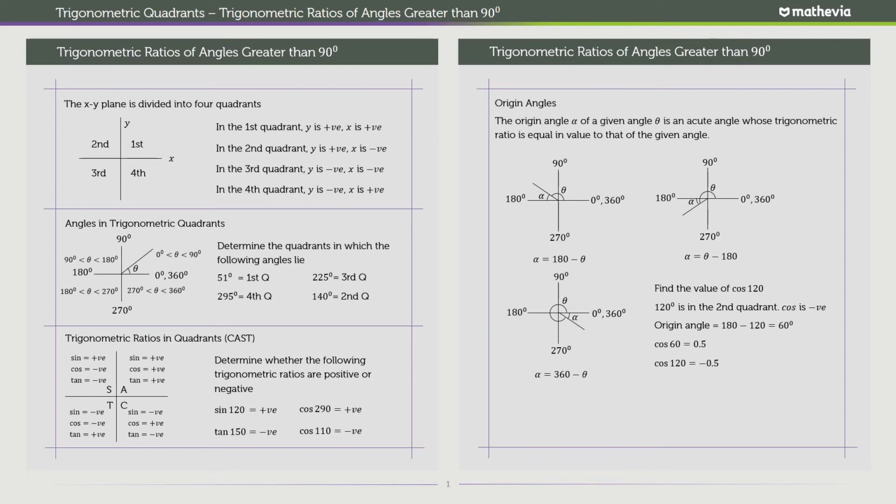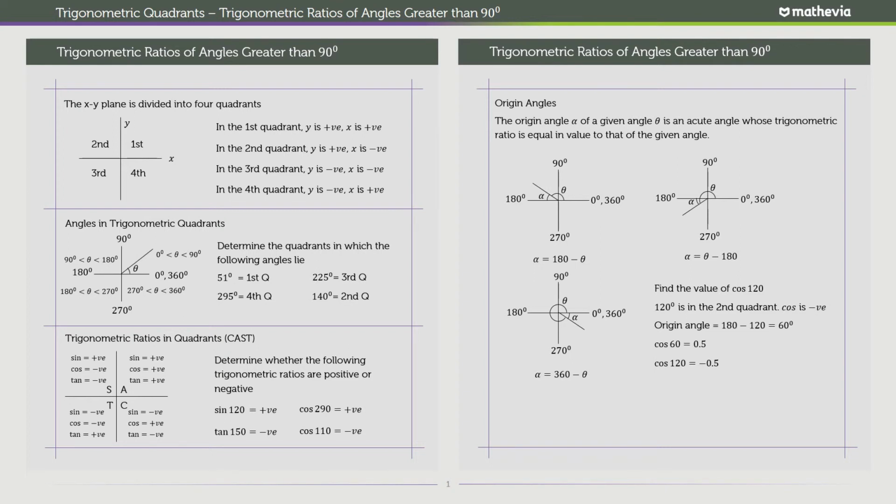Similarly for the third quadrant, we have a very large angle, and we have theta. Theta goes all the way down there. Like I said, the origin angle is always the angle with the horizontal. It's this angle here. Theta is bigger than 180, and theta minus 180 gives you your origin angle.